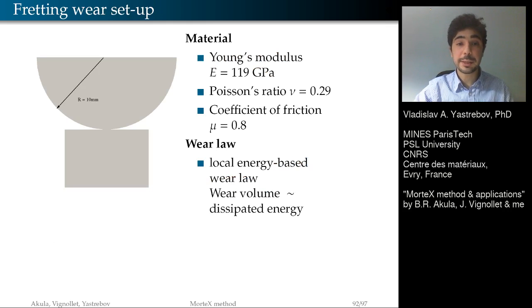It's the first example, and for the second example I don't show all the results, but it's a threaded wear problem in which locally the thickness of the worn volume is proportional to the dissipated energy. Stiff elastic materials, and the coefficient of friction is 0.8.